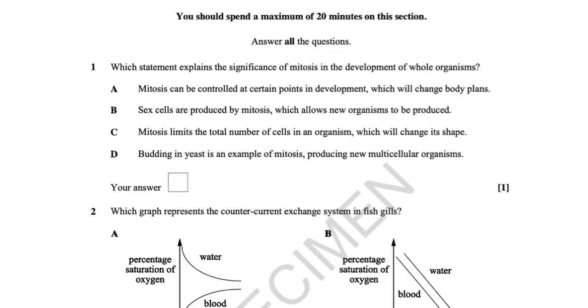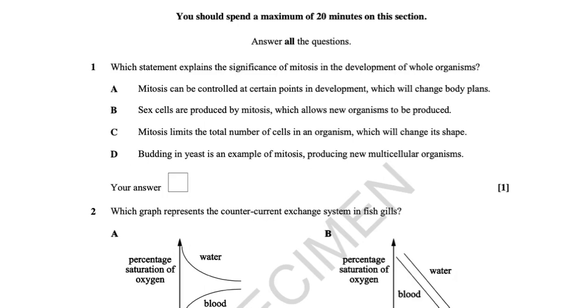So it starts off with a relatively simple multiple choice question which asks which statement explains the significance of mitosis in the development of whole organisms. A few absurd suggestions. So it says in D, budding in yeast is an example of mitosis, which it is, producing new multicellular organisms, which it definitely isn't.